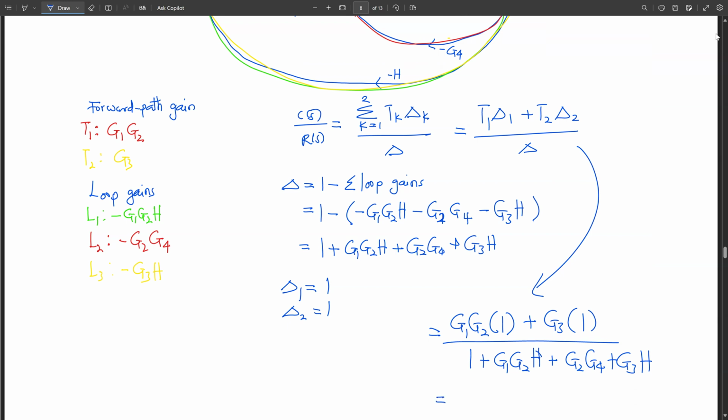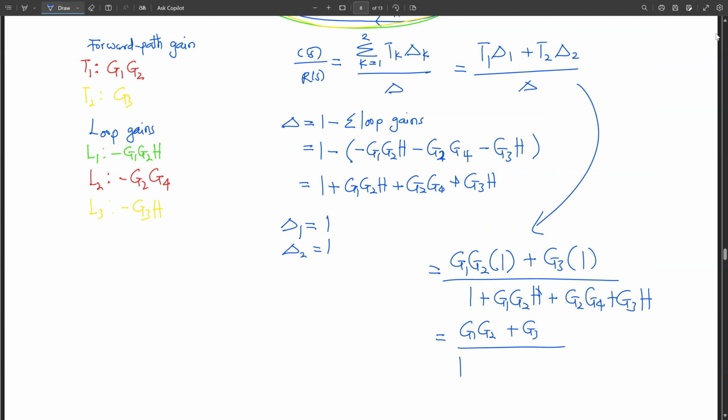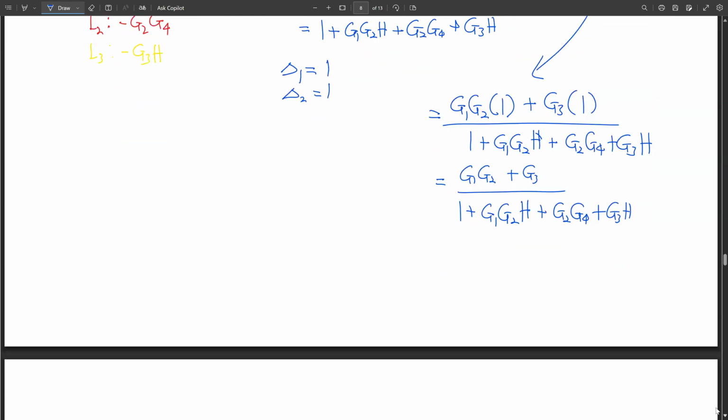So you actually get the same thing. And G3. A simplified version gives you G1, G2, H plus G2, G4 plus G3, H. Okay. Let's move to the next question.